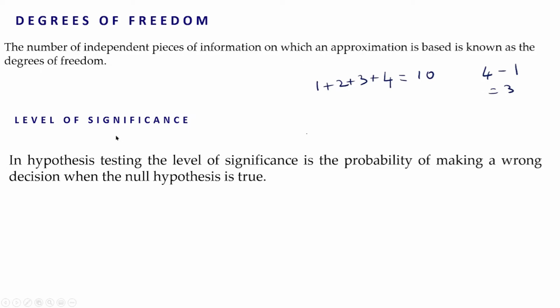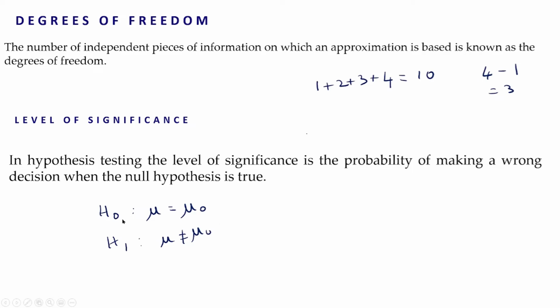And now we have level of significance. In hypothesis testing, the level of significance is the probability of making a wrong decision when the null hypothesis is true. For example, in a t-test we have to test the hypothesis, say H0 as mu equal to some number mu naught and H1 as mu not equal to mu naught.